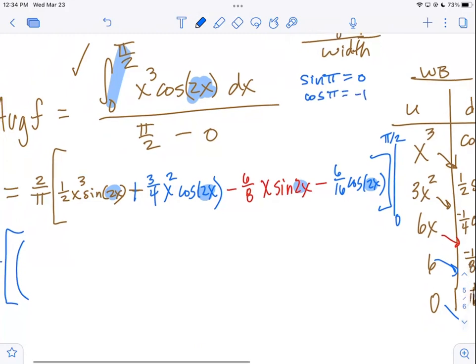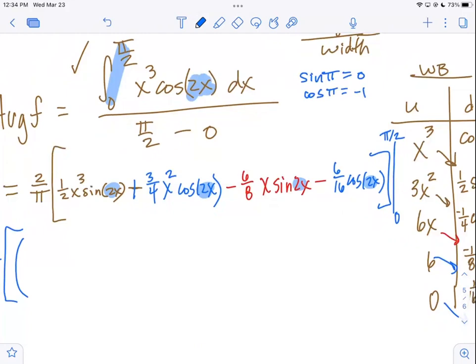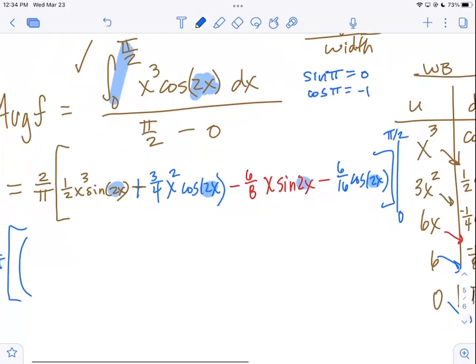So let's go ahead and plug in and simplify as we go. When I plug it in, I'm going to get sine of pi, which is 0. So this whole first term is gone. Plus, if I plug it in here, cosine of pi is negative 1, so that's going to turn that into a negative 3/4, because I'm going to get a negative 1 times the 3/4.